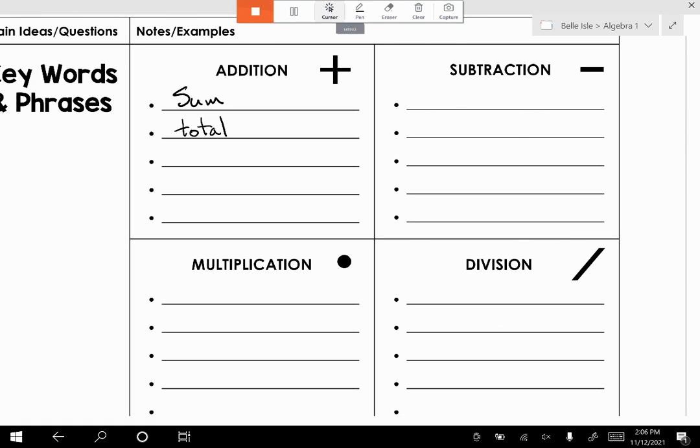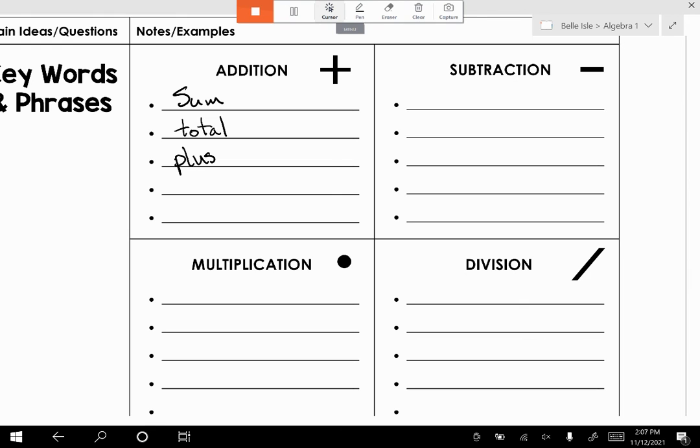I'm looking for words that are subtleties. I think we could all assume if we see the word add, we know what that means. Plus. Okay.